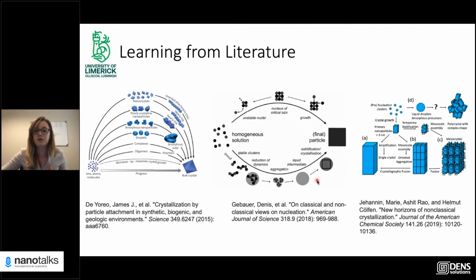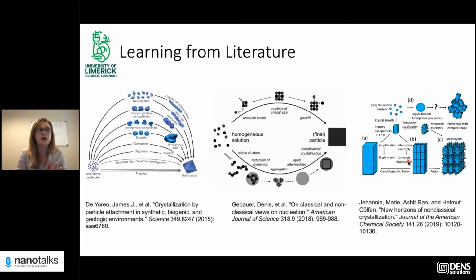And then there's some sort of solidification or crystallization, or what we call densification, to create a final new phase. So, one of the nice little papers I want to point out on a good description of non-classical crystallization is this one here by Johannin and Helma Colfin. It's a very, very good description to just describe everything to do with non-classical crystallization.